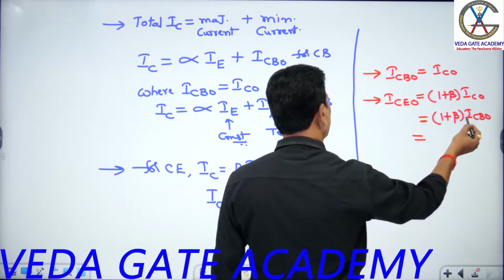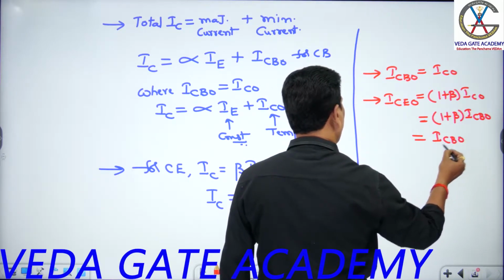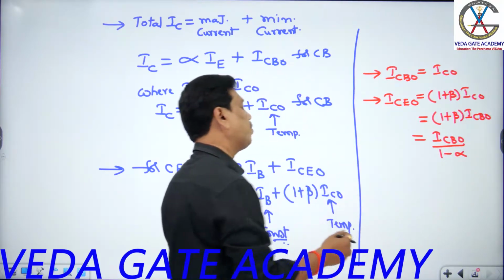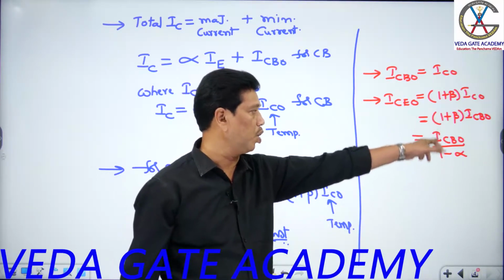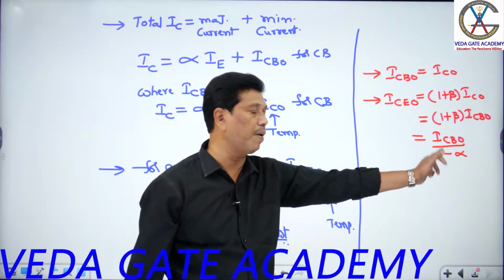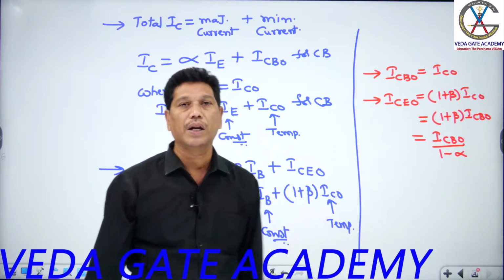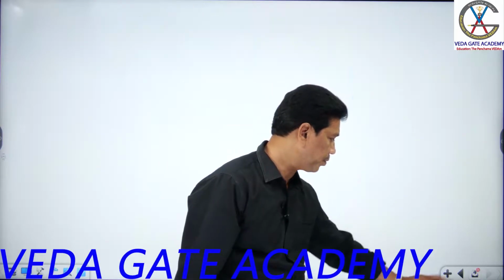If you want, you can also rewrite this as ICBO by 1 minus alpha, where 1 plus beta equals 1 by 1 minus alpha, students. Substituting beta equal to alpha by 1 minus alpha, you may minimize to get ICBO by 1 minus alpha. So this is the relation between the two minority currents you can call. Understand, students?